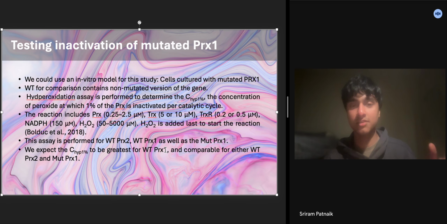And what we expect is that the mutated PRX1 should be similar or comparable to the wild type PRX2, and the wild type PRX1 should be a lot more resistant, which means even a high concentration of peroxides will not affect the inactivation of PRX1.